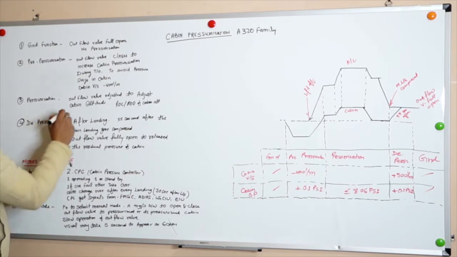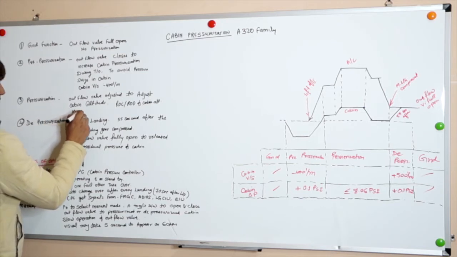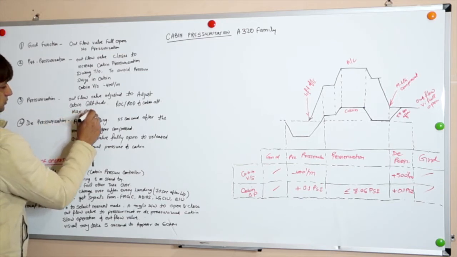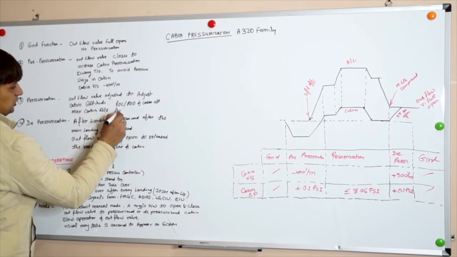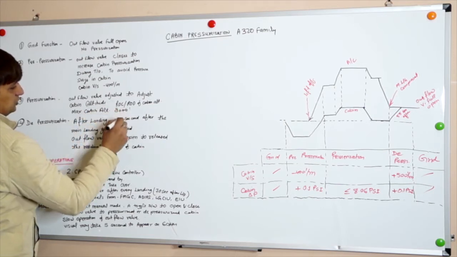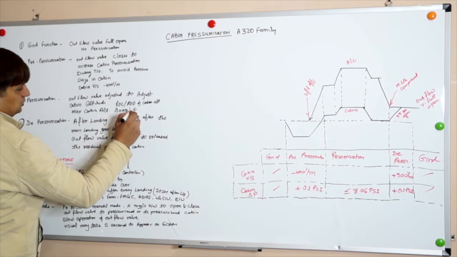Okay, max cabin altitude is 8,000 feet during cruise.